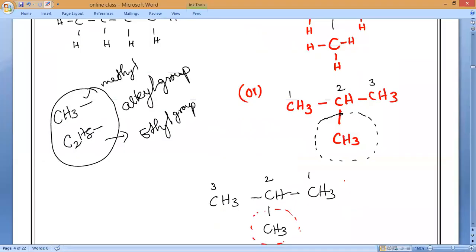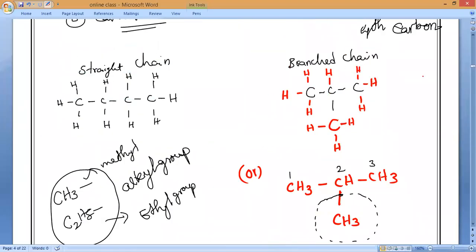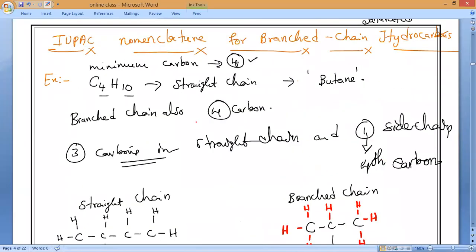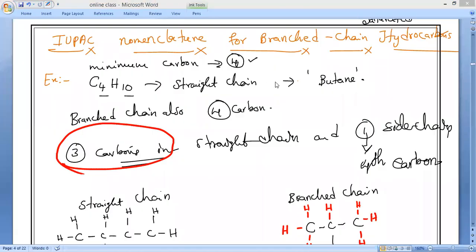Next, you have to care about the straight chain. In the straight chain, how many carbons are there? 3 carbons. So 3 carbons means what is the parent name?